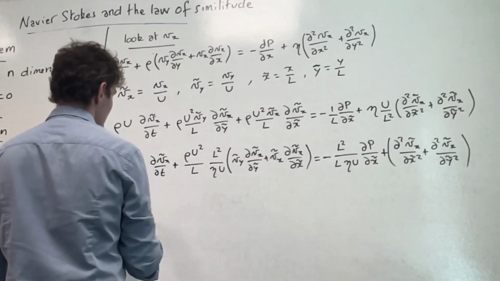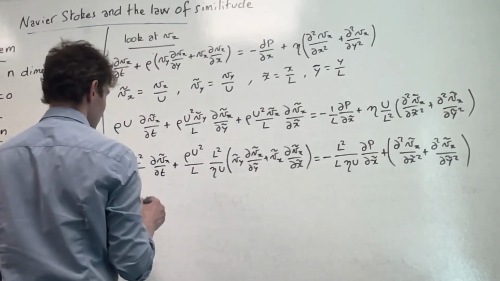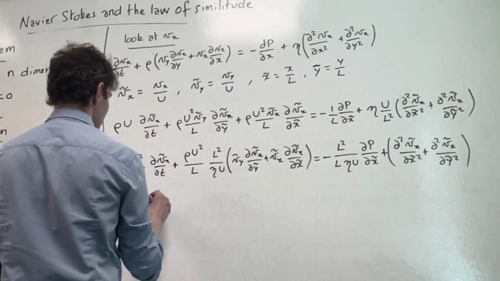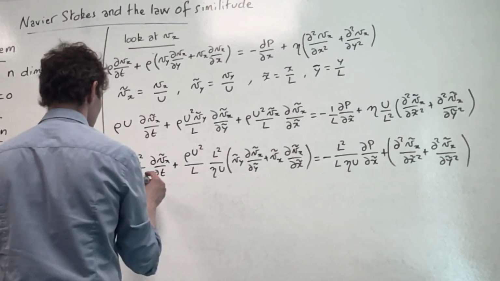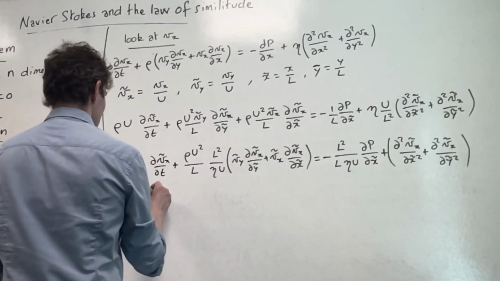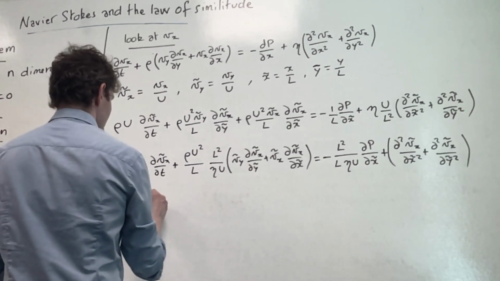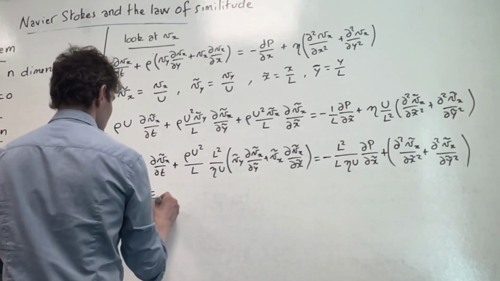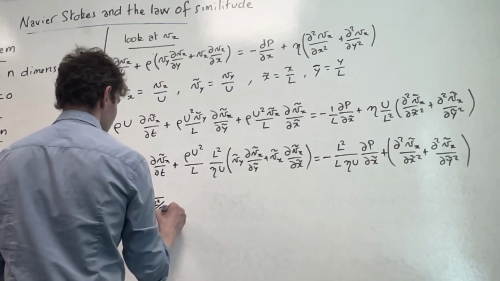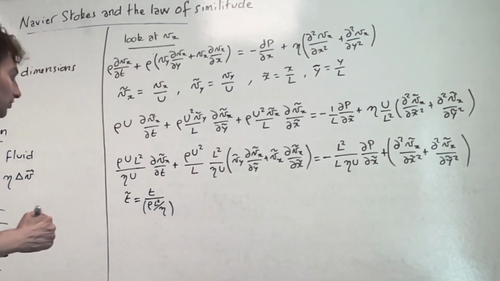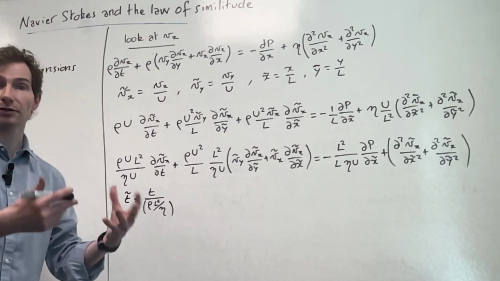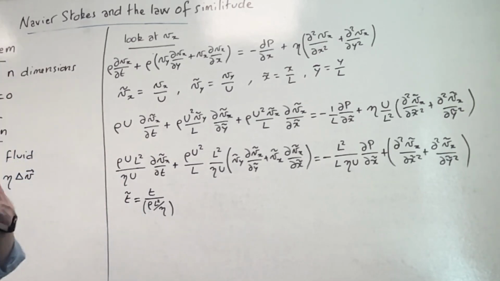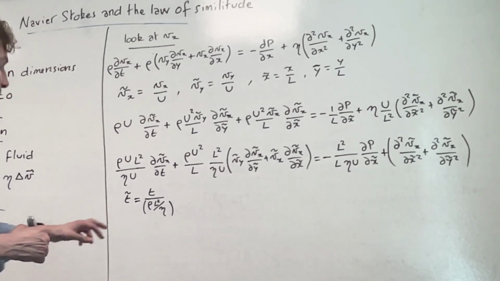So t tilde is equal to, it depends how you want to write it, but again, that's going to be t divided by rho L squared over eta. And if you check, rho L squared over eta has a dimension of a time. So it's a typical time scale in your system for fluid flow to develop and so on. Okay? So that's kind of important.